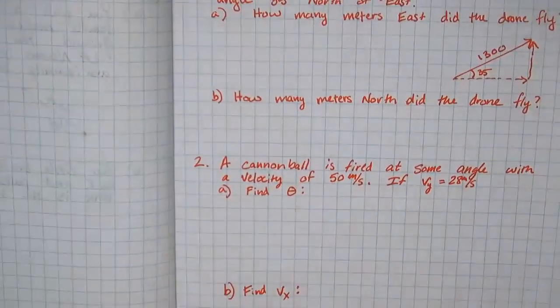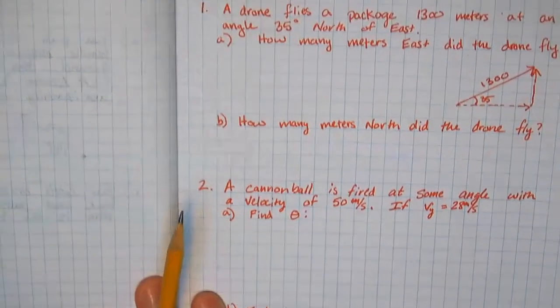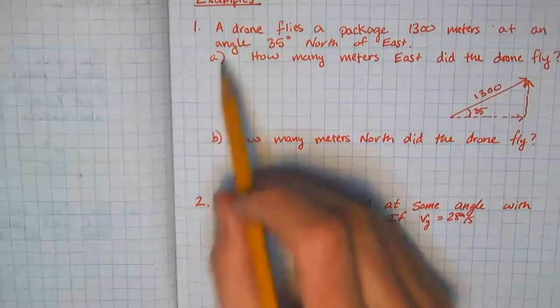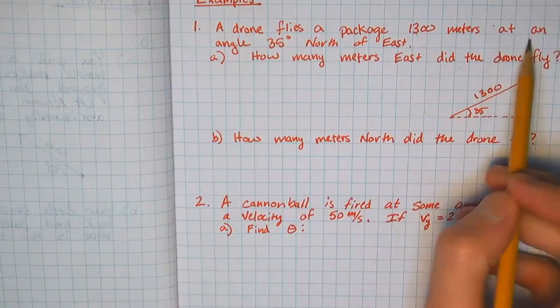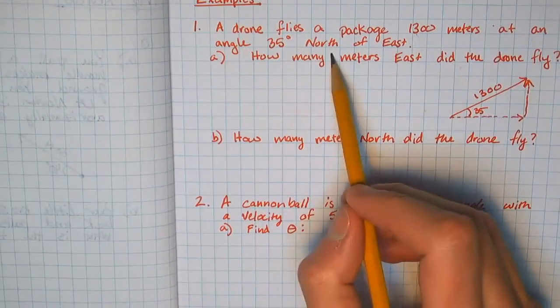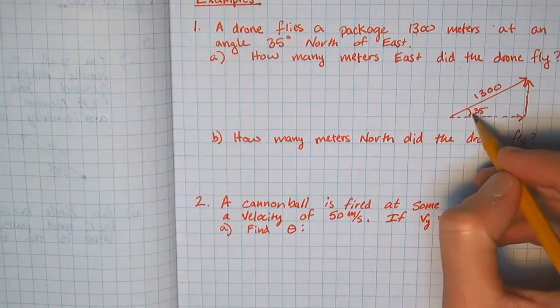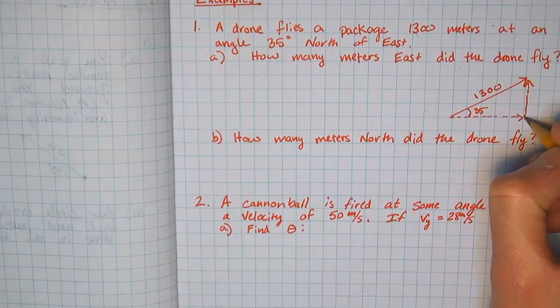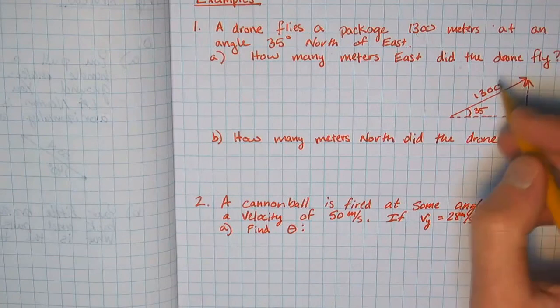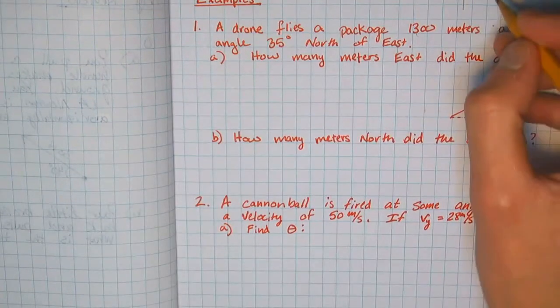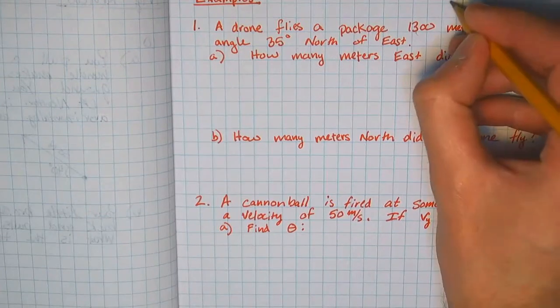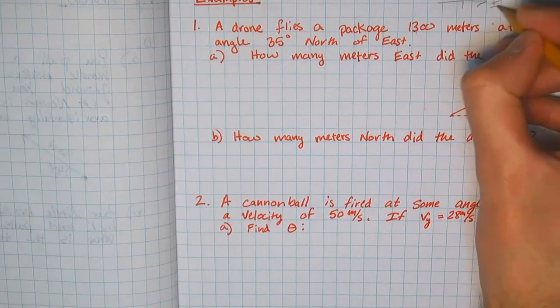So here are our example problems. Our example says a drone flies a package 1,300 meters at an angle of 35 degrees north of east. So what that means is north would be up. Here's north, here's east.